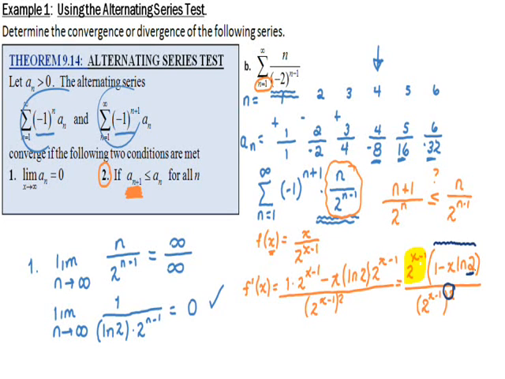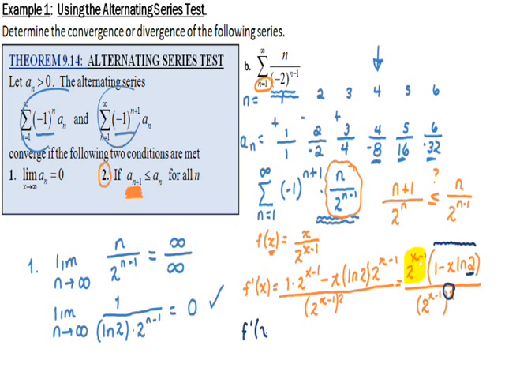So we're less than 1 there. But as you keep growing with your x, going to 2, 3, 4, it should become pretty obvious that this is going to end up taking on a negative value, because x times the ln of 2 will be larger than 1. In fact, it's going to begin when x is 2.